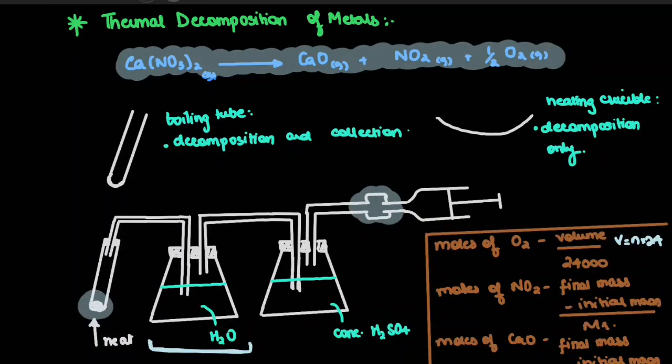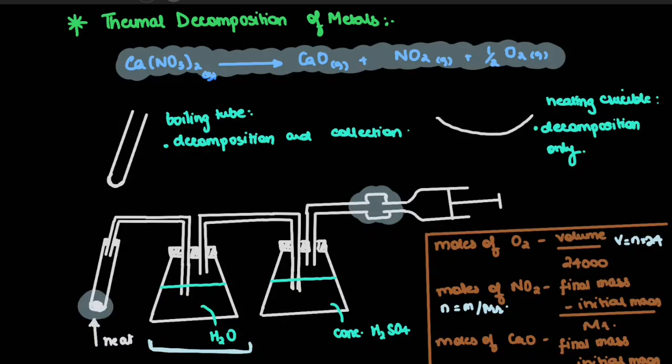Why has it increased? Because nitrogen dioxide is dissolved inside of it. Now, I can calculate the increase in mass by subtracting the initial mass. When I do that, I have the mass of nitrogen dioxide dissolved. Now, if I have the mass, you can use the formula moles equals mass divided by Mr, and therefore I can calculate the moles.